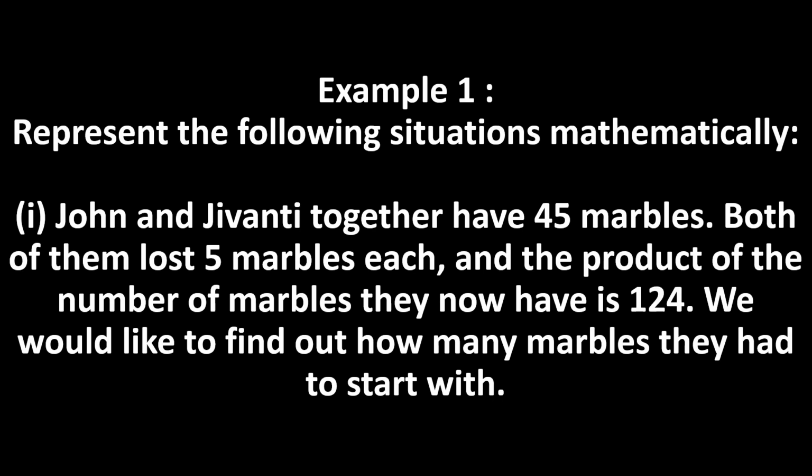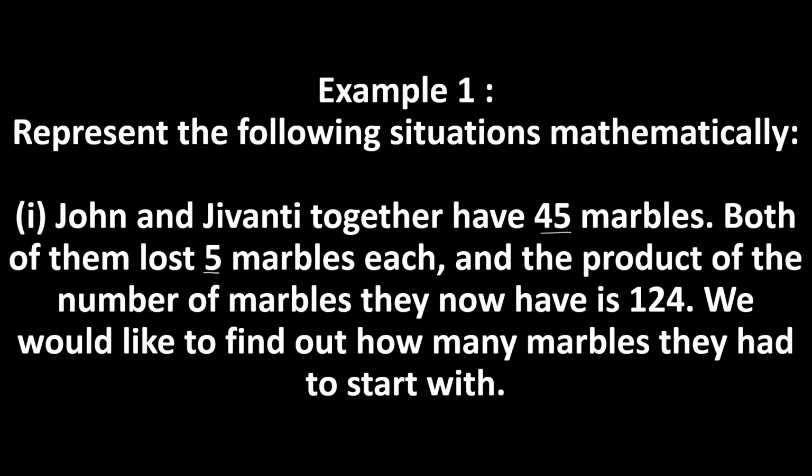Example 1: represent the following situations mathematically. John and Jivanti together have 45 marbles. They both have 45 marbles in total. Both of them lost 5 marbles each. So the number of marbles that John has now will be the number of marbles that he has initially minus 5.